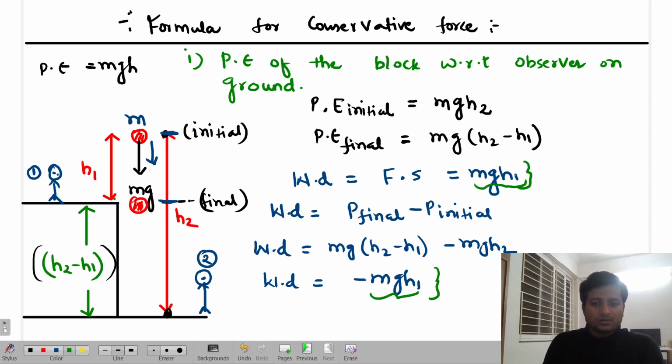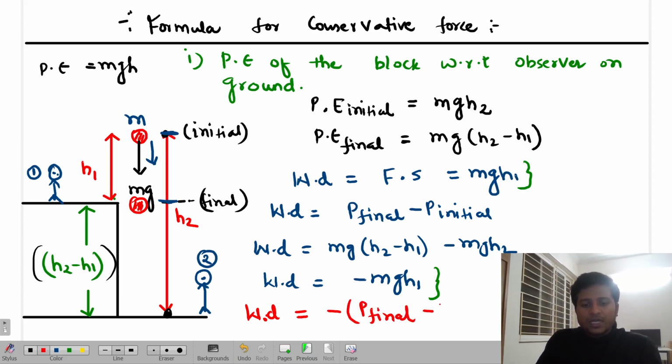Or not? Yes. Now, if I look over here, you can conclude one thing: the work done by such forces is nothing but minus of potential energy final minus potential energy initial. Basically, can I write it this way or not? And this is the formula of work done for which kind of forces?